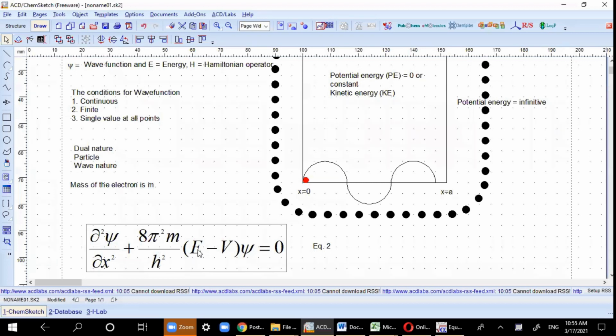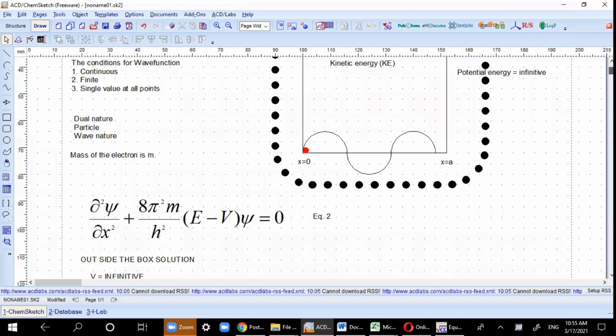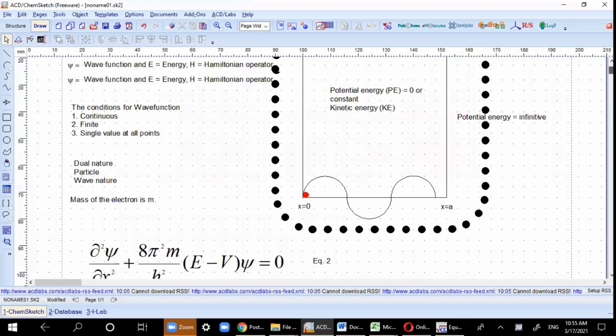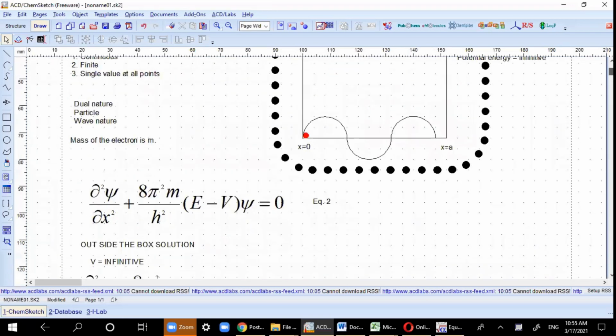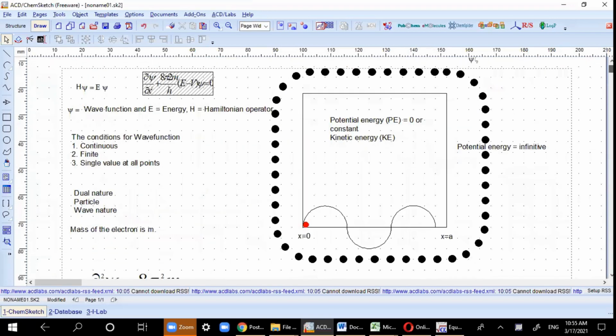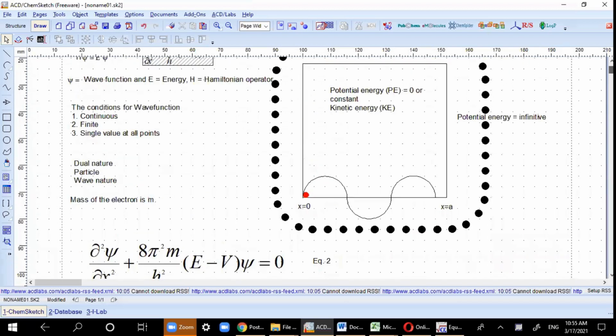Total energy minus potential energy will give us the kinetic energy, into psi equal to 0. You can write either equation 1 or equation 2, and this is a time independent equation, the Schrodinger one-dimensional equation.